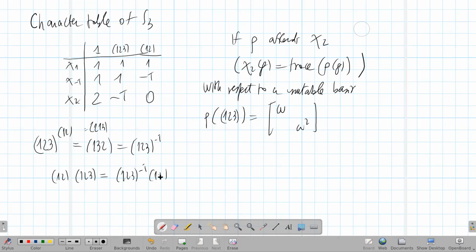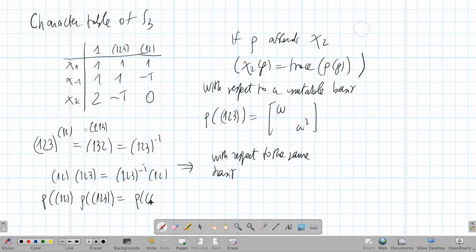Then we found that with respect to the same basis, you apply rho, so you have rho(1 2) rho(1 2 3) equals rho(1 2 3) inverse rho(1 2). We have found that with respect to the same basis, rho of (1 2) is of the form lambda, mu.